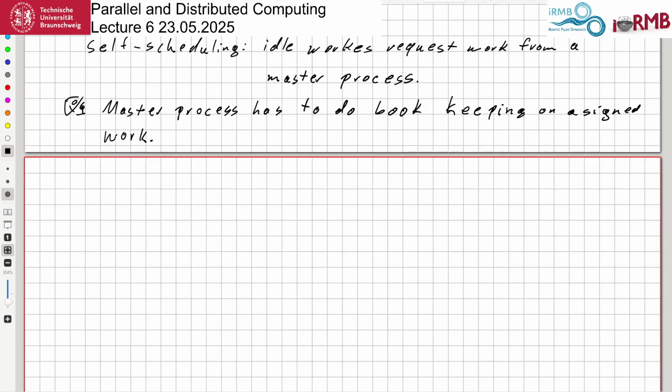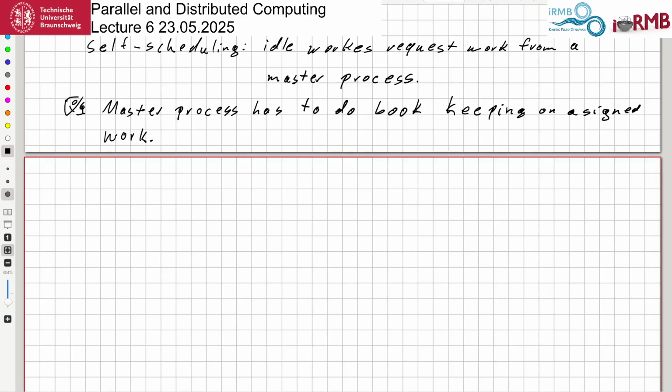But now, since we do it dynamically, you have to determine whether some work item has already been picked up by somebody or not. Previously, you did not need to care because you had your fixed share. Now it depends on the others. So there needs to be somebody that keeps the book on that. And this is the master process. The master process keeps the book.